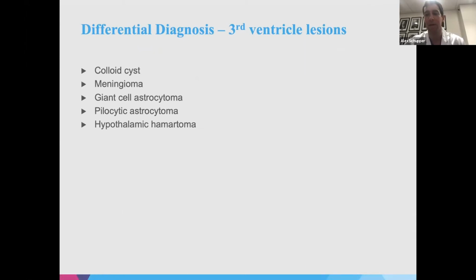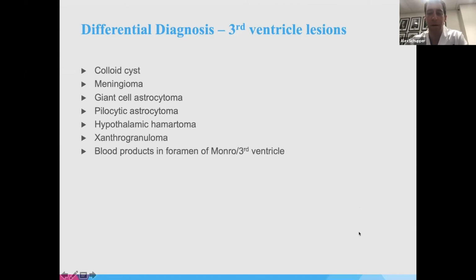Hypothalamic hamartomas, while they may not be directly in the third ventricle, are obviously in this vicinity and should be on your initial differential. Xanthogranulomas can present here as well. And then also blood products. We see patients who have intraventricular hemorrhage, and if you have IVH in the third ventricle or near the foramen of Monro, acute blood can also present hyperdense and can look similar.